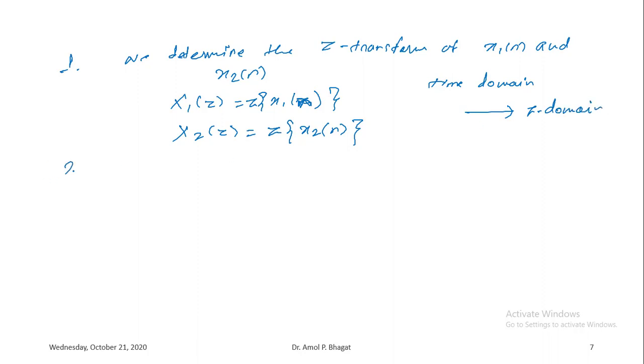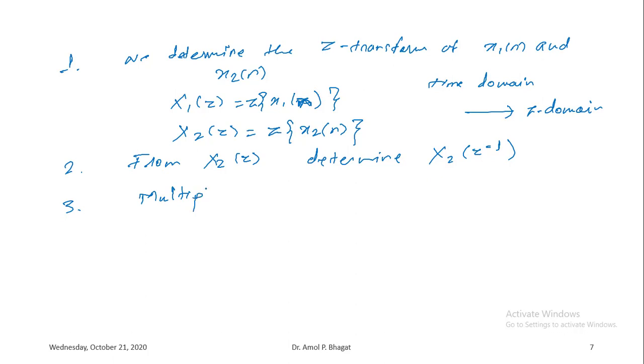Okay, second step, from x2 of z determine x2 of z inverse, right? In third step, multiply.